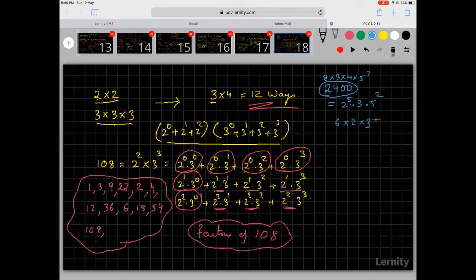So 6 into 2 is 12, 12 into 3 is 36. So 2400 has 36 factors. So any number that you give, I can just look at the number, factorize it, and tell you how many factors it has.